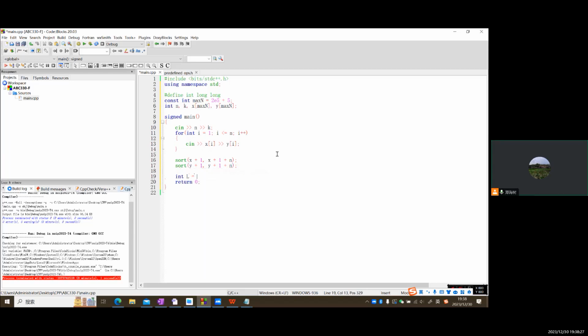If the square is large, we don't have to move any steps, so the answer is 0. And the maximum of the length is max of xn minus the first x, and the nth y minus the first y.